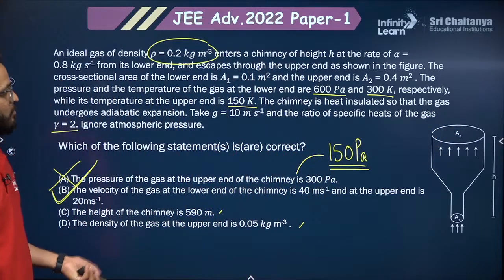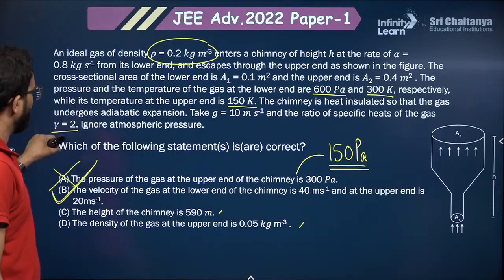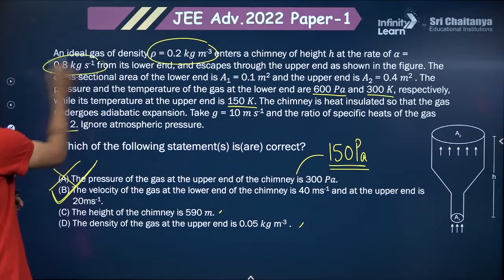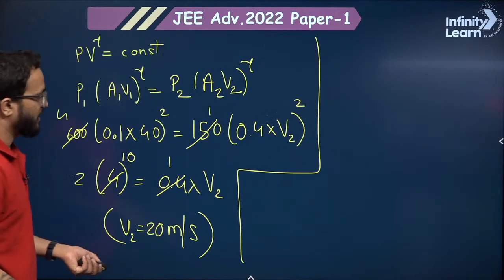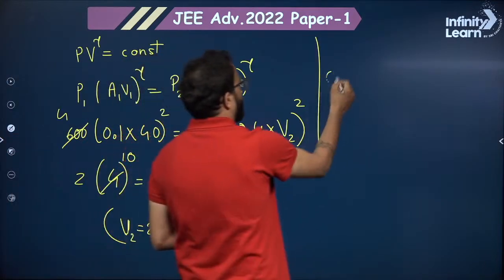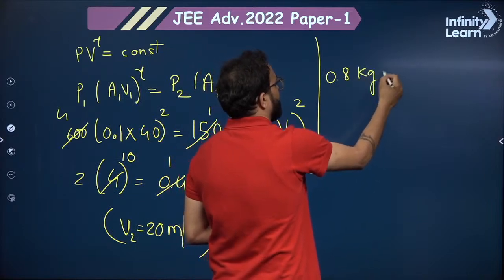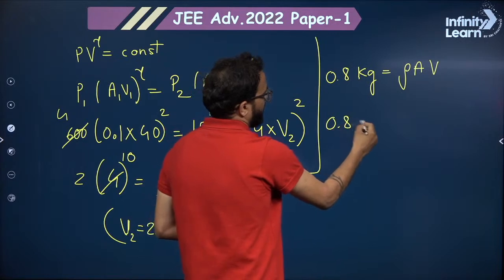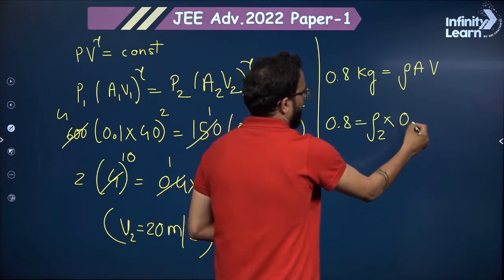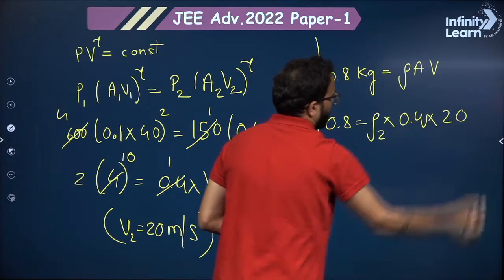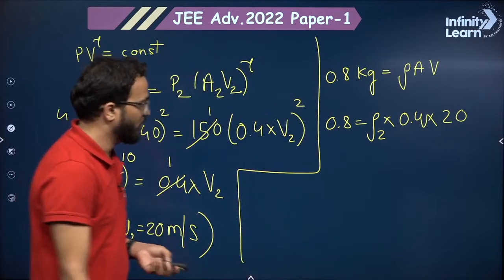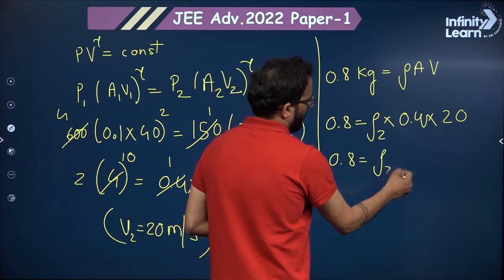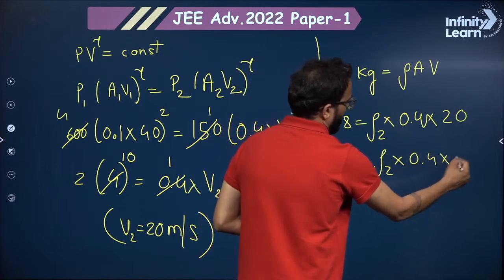So what we will do, mass flow rate is fixed. Mass flow rate is given to us. How much is that? I guess 0.8 kg per second. This is given. So let's use this concept that 0.8 kg per second is equal to rho AV, right? So 0.8 is equal to rho 2 into A2 into V2. This is 20. Cool. So 0.8 is equal to rho 2 into 0.4 into 20.